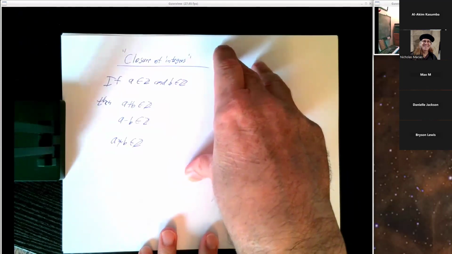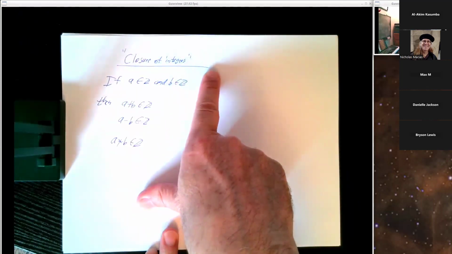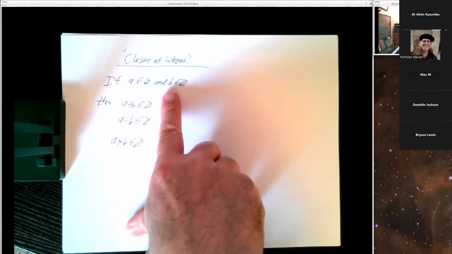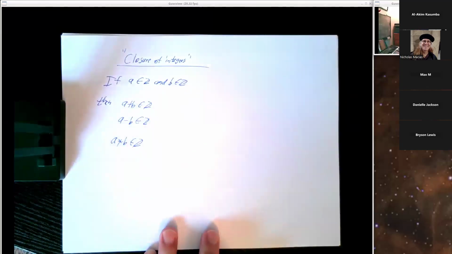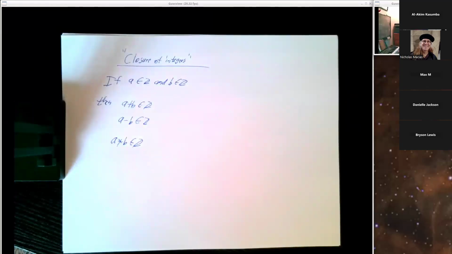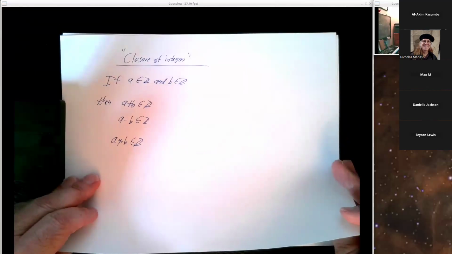When we're working with integers, we can use this reason, closure of integers, to say, hey, if I take two integers, two whole numbers, I can add them, subtract them, multiply them, I get another whole number. Doesn't work with division, right? 2 divided by 7 is not an integer. But add, subtract, multiply, totally legal.